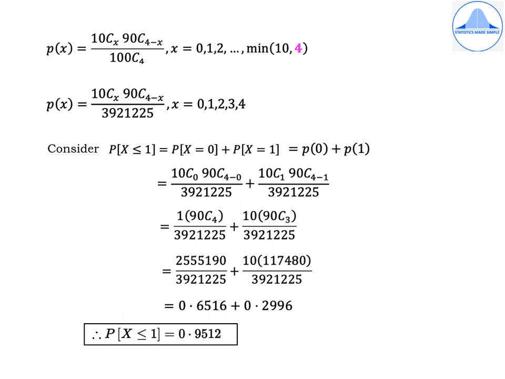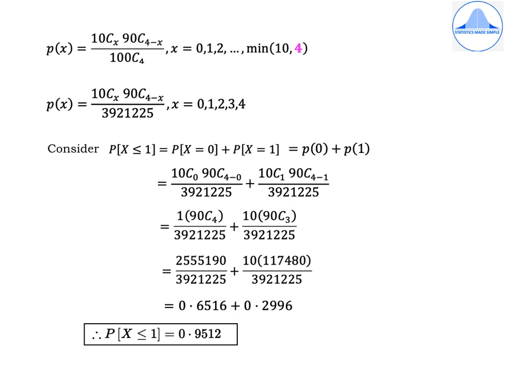Now we need to find the probability that the shipment is accepted. So when is the shipment going to be accepted? When the sample has at most one defective. At most means less than or equal to, and at most one means we need to find the probability of capital X less than or equal to 1.